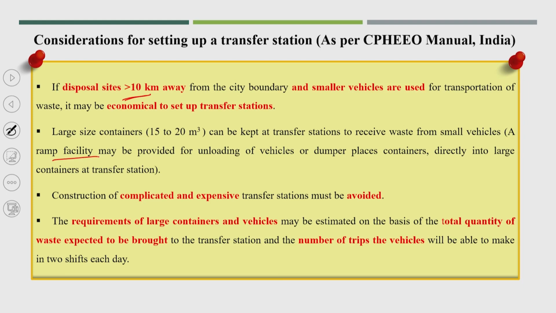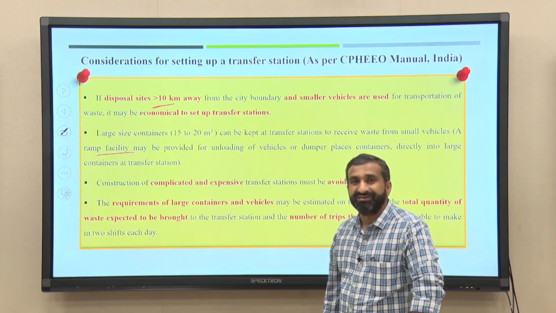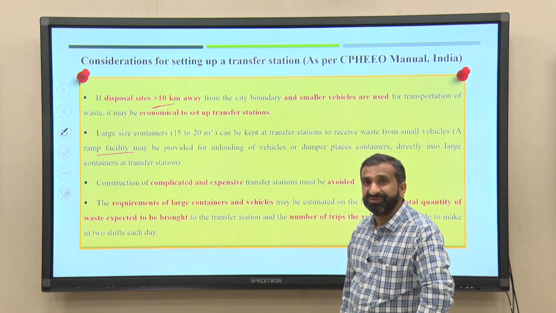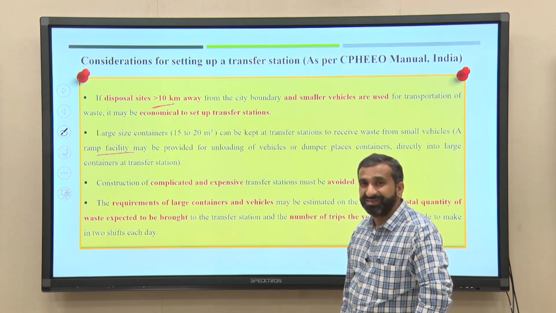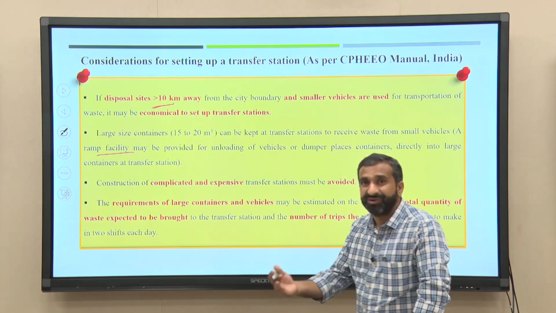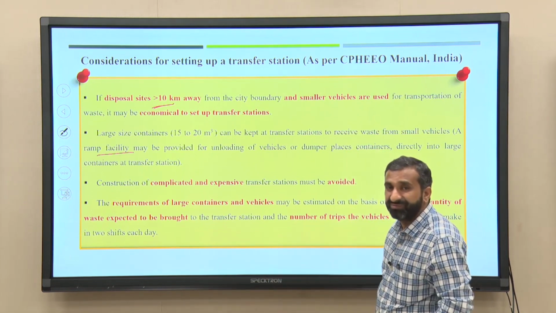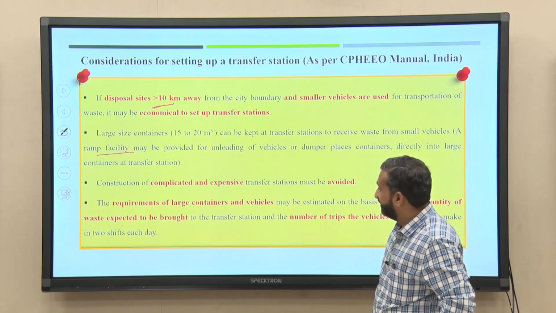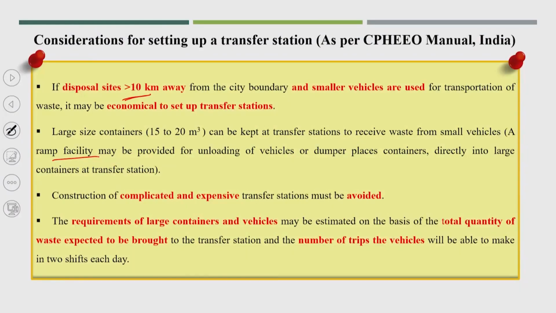The next point is that construction of a complicated and expensive transfer station must be avoided. This should not be complicated. I was proposing that a recycling facility could be possible at the transfer station, but the manual says that will be complicated, because planning a recycling facility could be expensive.